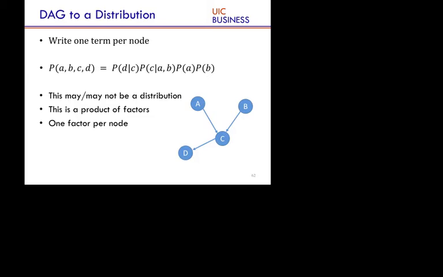If I just write it this way, these are conditionals and these are marginals. If I had a joint distribution, these two would be the conditionals and these would be the marginals.